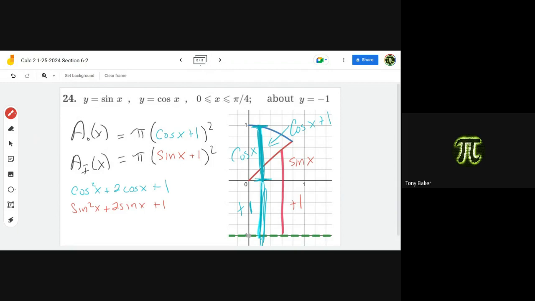You need to remember a trig identity. Oh, yeah, that's cosine squared x plus sine squared x. You should have minus. Remember, you're subtracting the inner and the outer. And cosine squared minus sine squared x. Yeah, so the sign's going to be negative.